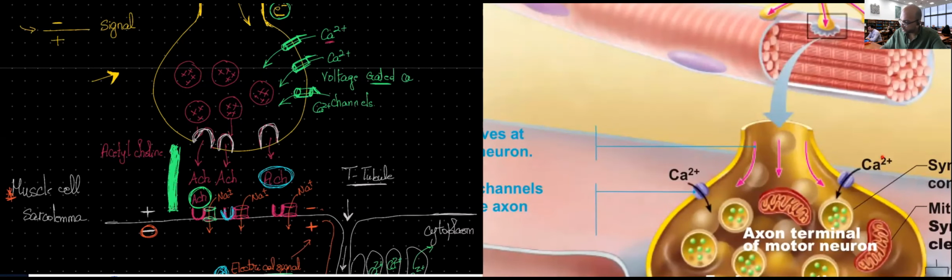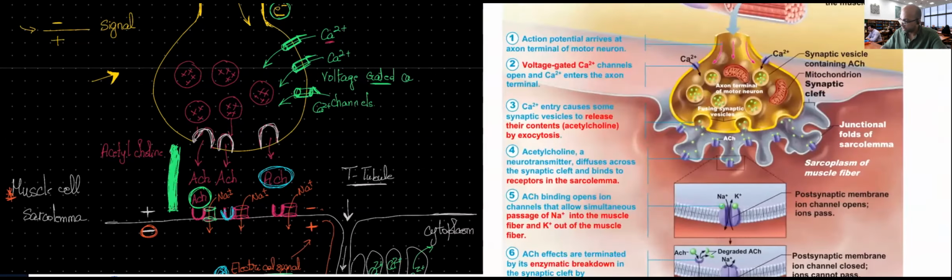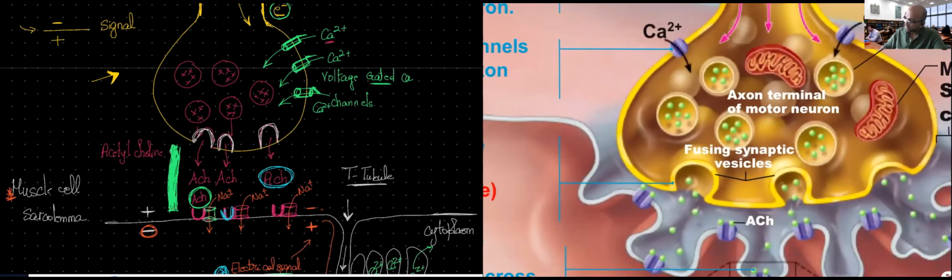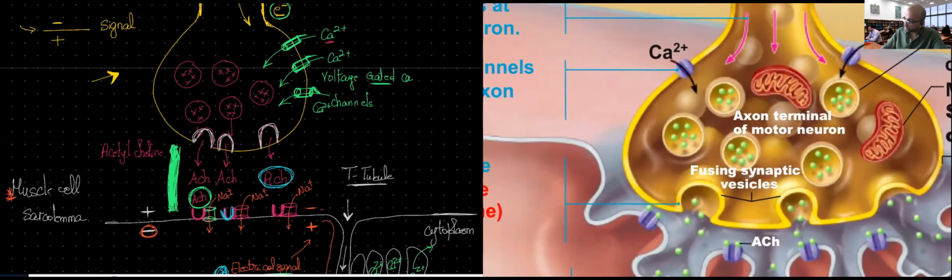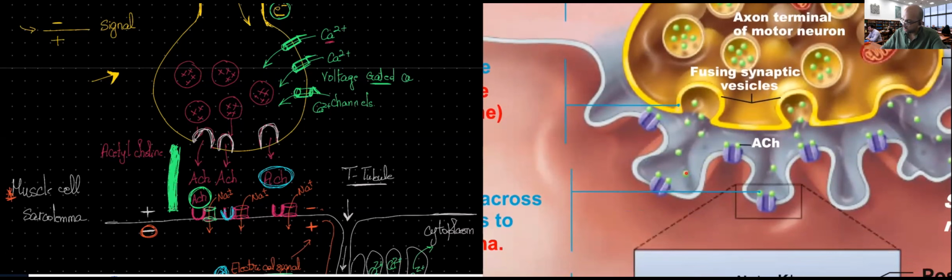Once I receive a signal, this will cause the opening of calcium channels, because those are my voltage-gated calcium channels. The influx of the calcium is going to stimulate the vesicles containing the neurotransmitters to fuse with the cell membrane of the nerve cell, releasing the neurotransmitters in the gel-filled space between the nerve cell and the muscle cell, because this is my synaptic cleft.